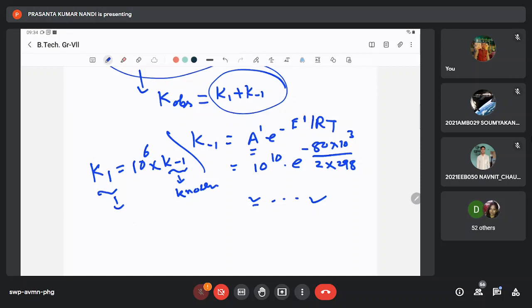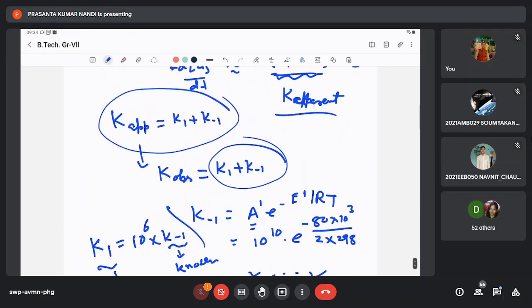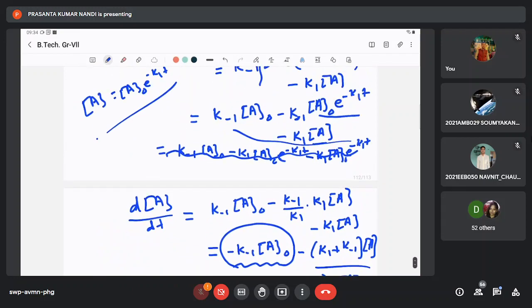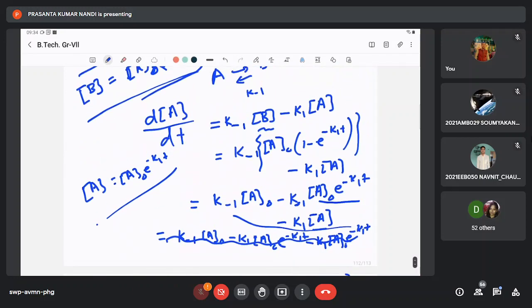Now you can also calculate the observed rate constant, which is equal to what I have written, k1 plus k minus 1. So this you can calculate yourself. This is the outline of the method. How will you proceed? At this stage, if you have any clarification, please let me know. Whether we can write or not, that is the question.